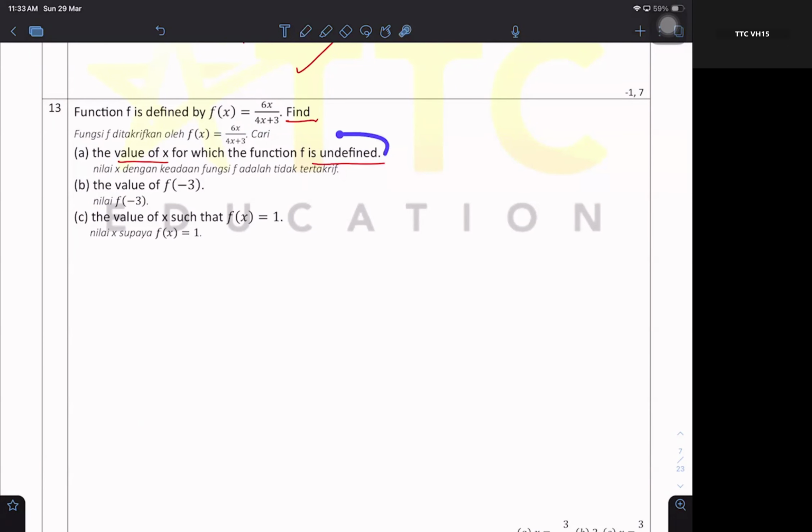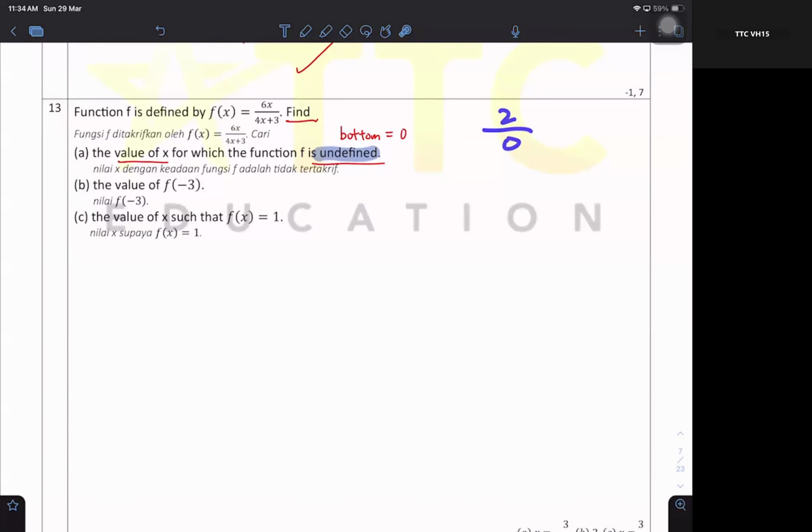What is undefined? You write down, undefined means the bottom is 0. Because when the bottom is 0, it becomes math error. For example, what is 2 over 0?